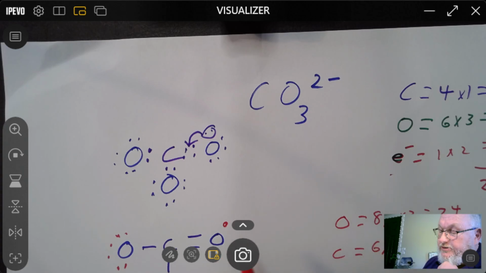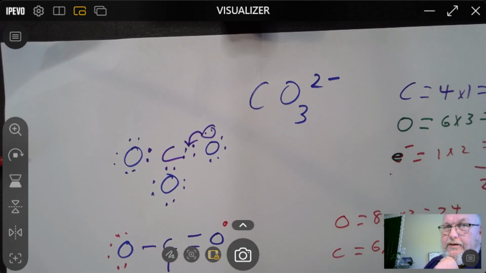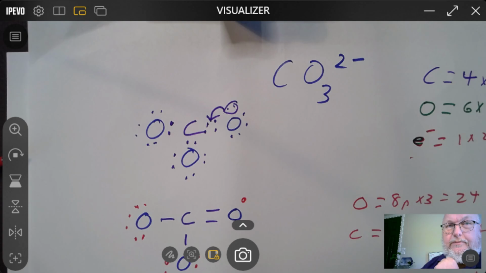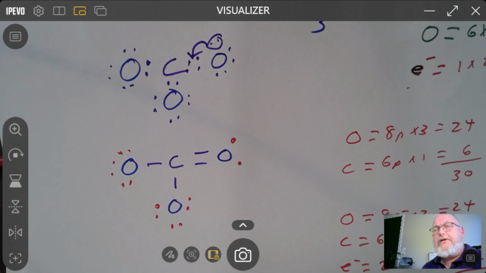I'd draw the 3 structures with an arrow in between, going both ways. So this is how we draw this. And this carbonate polyatomic ion, we could use it in an ionic formula because it has a 2 minus charge.